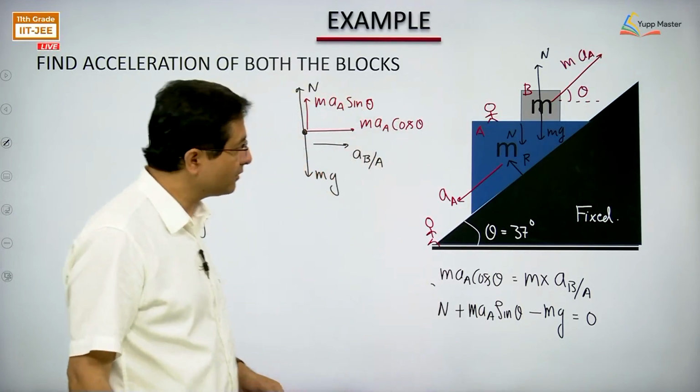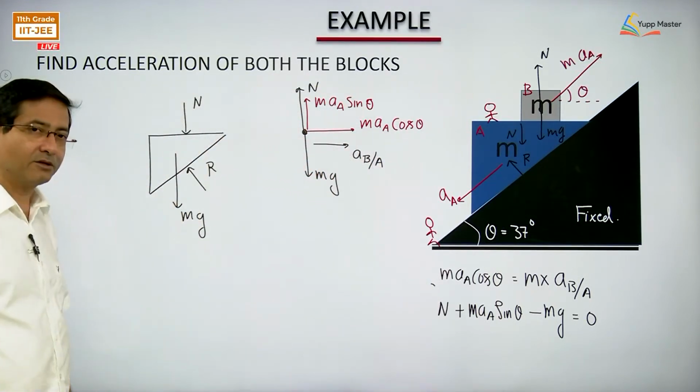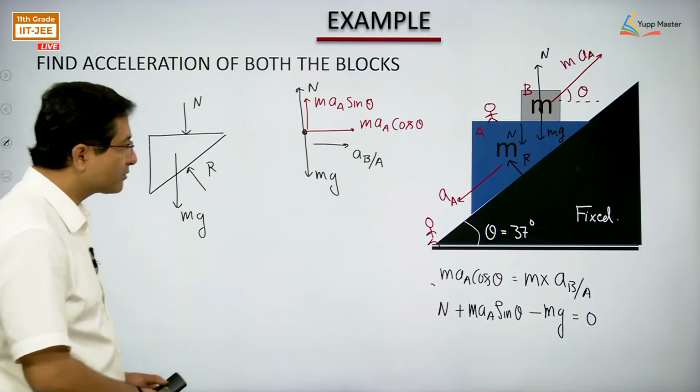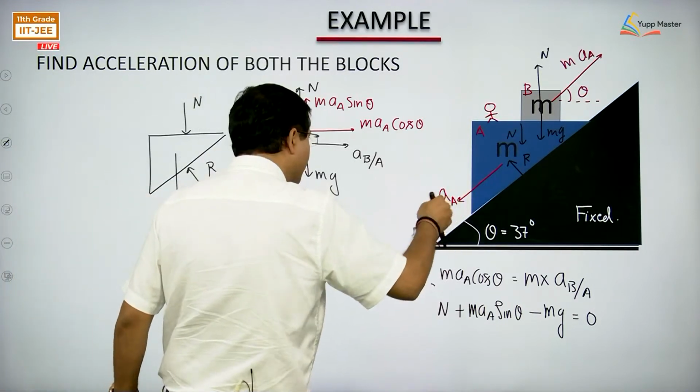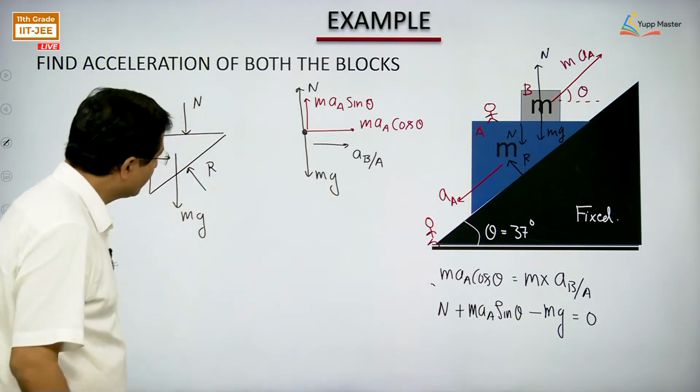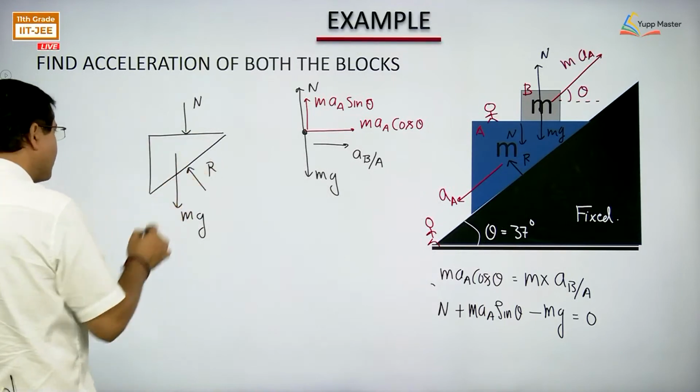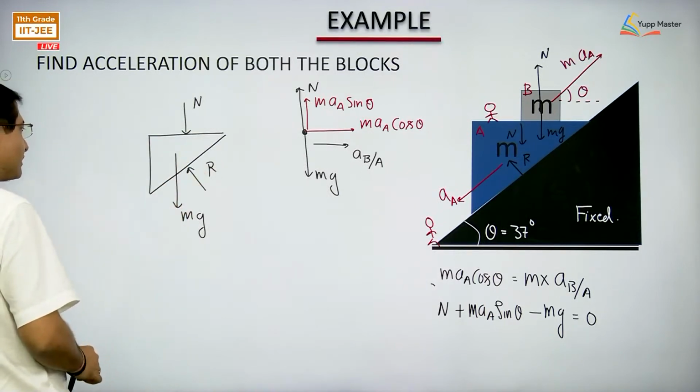Ground frame, inertial frame. So this is the free body diagram he is going to draw, and what he is observing is that along the incline it is coming down with acceleration A. So I need to resolve all the forces along the incline and perpendicular to the incline, right?